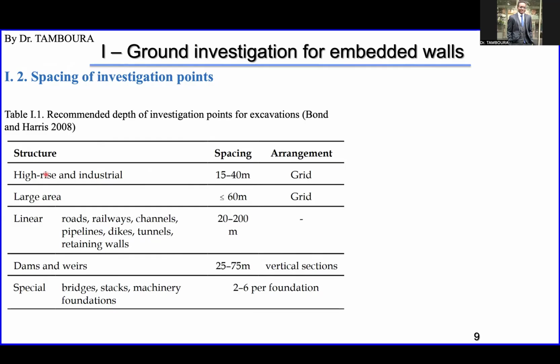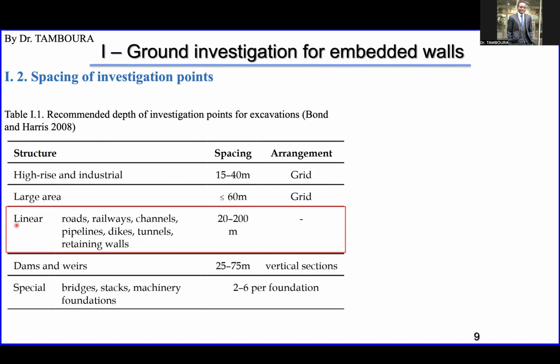So for example, if you are dealing with high rise and industrial structures, you have to choose the spacing around this, and you do a grid of perpendicular lines for this spacing. But in our case we are designing an embedded wall, so it is here.